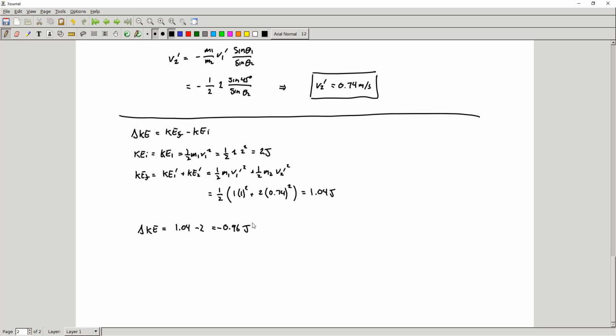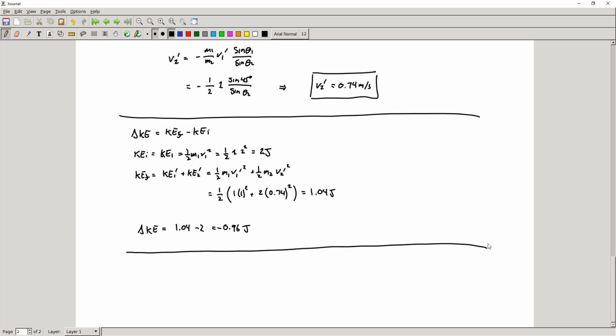So kinetic energy is not conserved in this collision. We can see from our calculation here, we actually lose almost half the kinetic energy that we had. We lose 0.96 joules of our kinetic energy. And so we could say something about that if we wanted to. If the question was worded differently, we could answer things about lost kinetic energy.